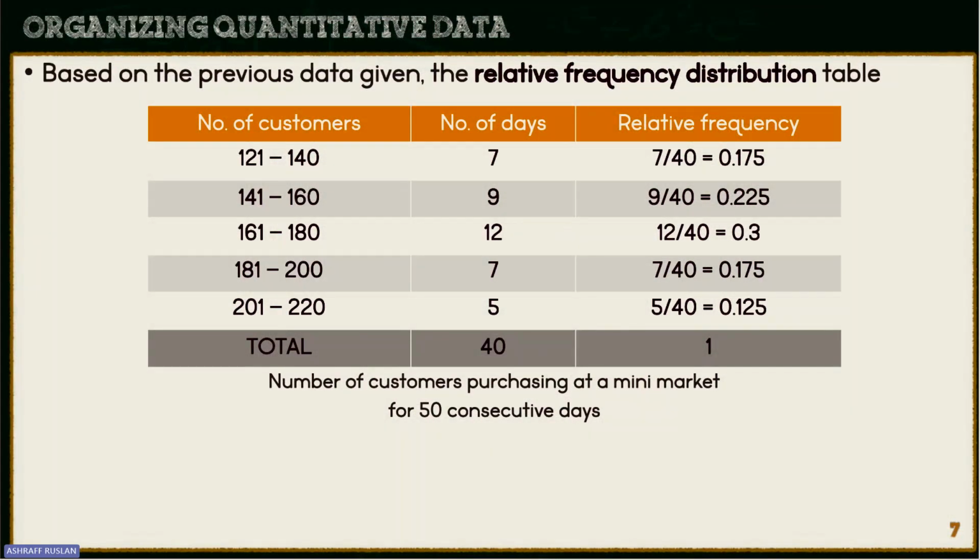Okay, so for the relative frequency, kita dah jumpa sebelum ni, kita akan ambil the frequency which is 7, number of days, from the first class, we divide with 40. Okay, sebab dia ada 40 hari. So kita akan dapat relative frequency.